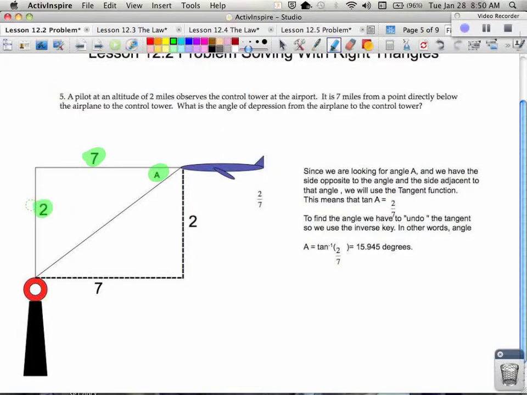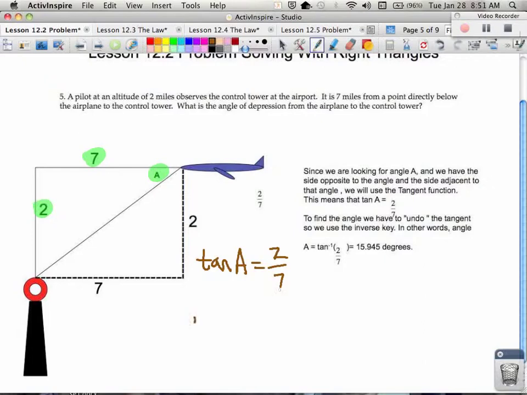That means that I'm dealing with tangent. So as I set up my equation, I will have the tangent of my angle A equals the opposite side, which was 2, divided by the adjacent side, which is 7. And surprise, surprise, we're looking for an angle, so that's where we have to use the second button.